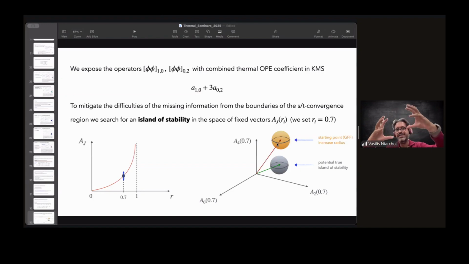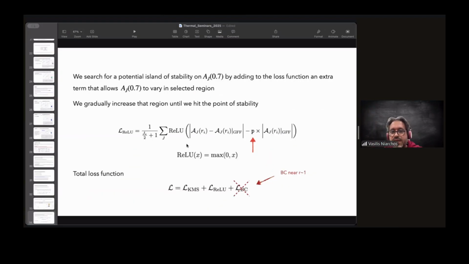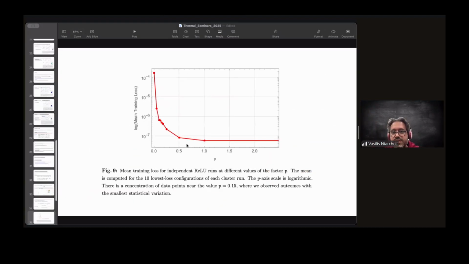But as you start increasing this yellow region, at some point it encounters the true value you should insert. And there, you expect to see that once you first cross, you should see enhanced stability. And then as you increase it further and further, basically you lose stability again. It's not clear this will happen.